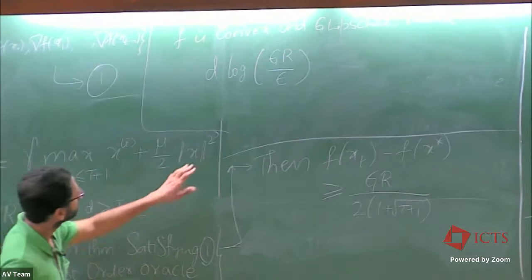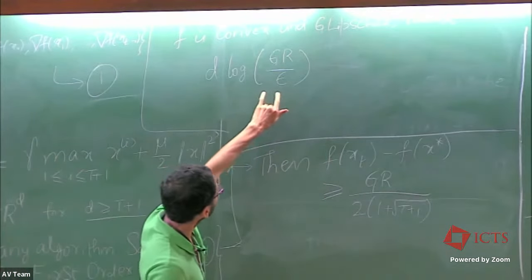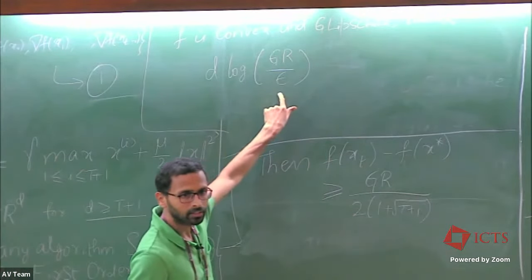Here the number of iterations is actually log of 1 over epsilon.